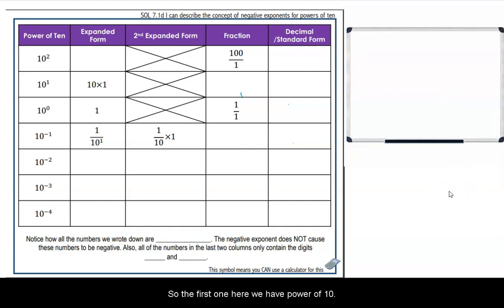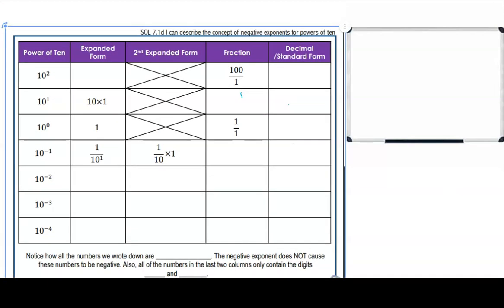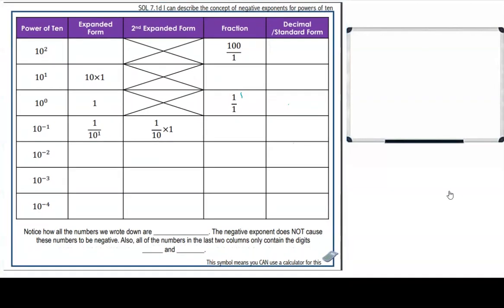So the first one here, we have the power of 10. The power of 10 here is 10 to the second power. And just like we saw in the last slide, the expanded form for 10 to the second power, if we expand it and we make it bigger, it's going to be 10 times 10.